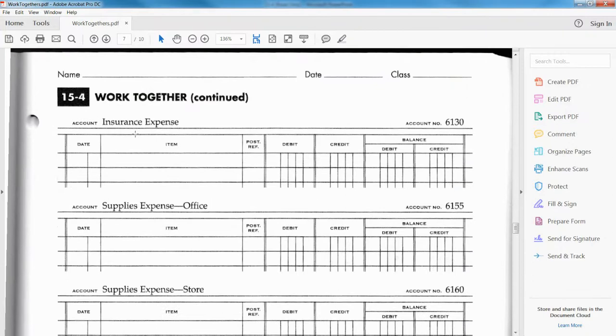And here is our insurance expense, and it has a 0 balance.